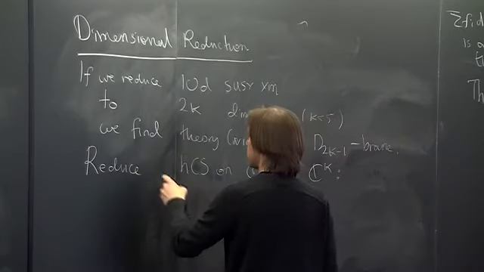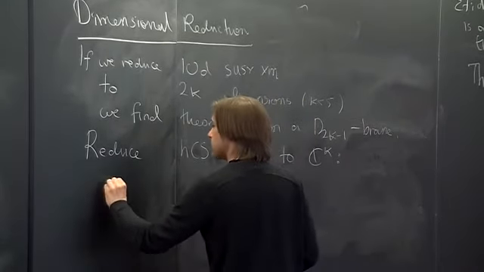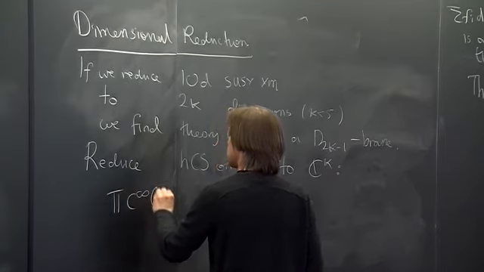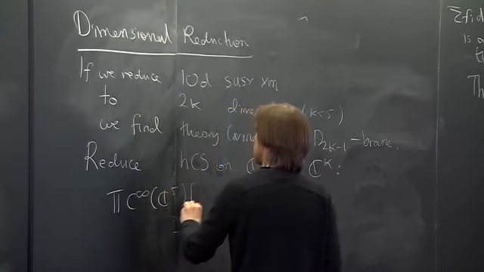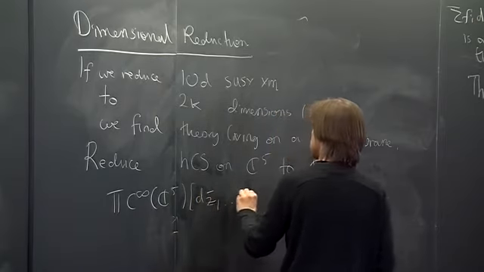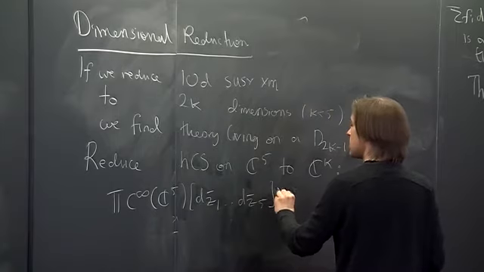Well, for holomorphic Chern-Simons on C^5, the fields are functions on C^5, I join d z bar 1 to d z bar 5, tensor g.